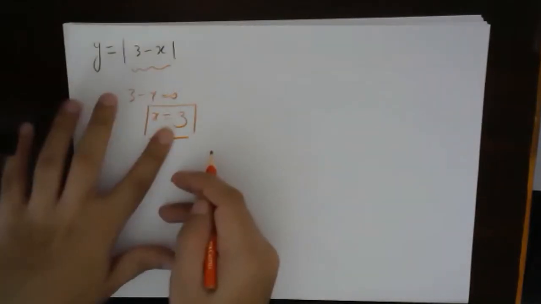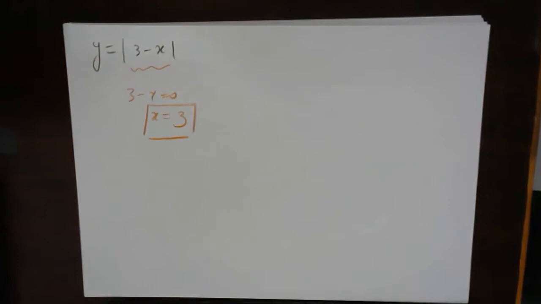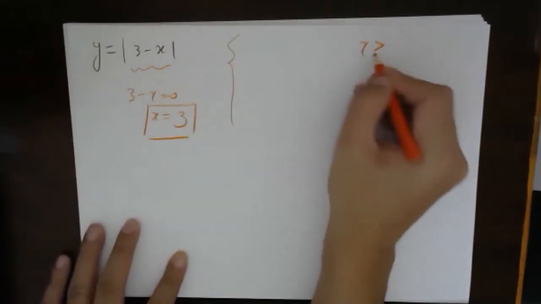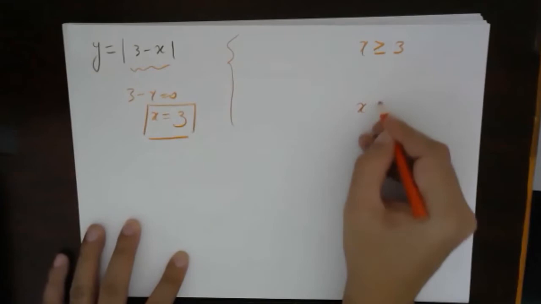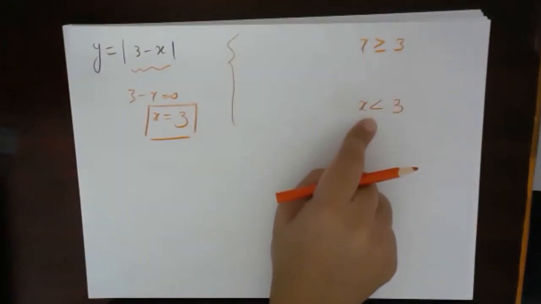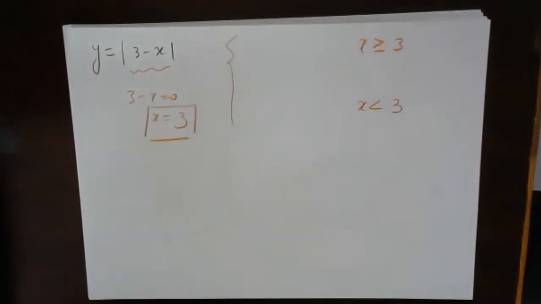So if x equals 3, I will divide the whole x-axis into two parts: one for x greater than or equal to 3 and one for x less than 3. Now, there is one thing which is different here.